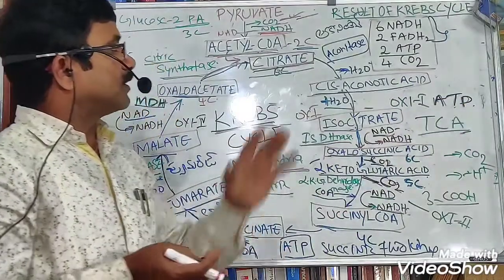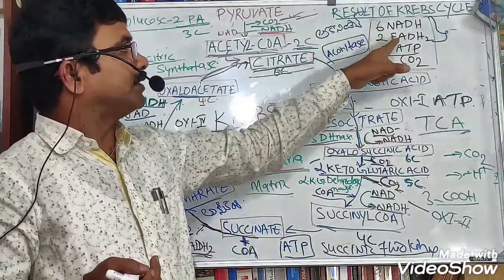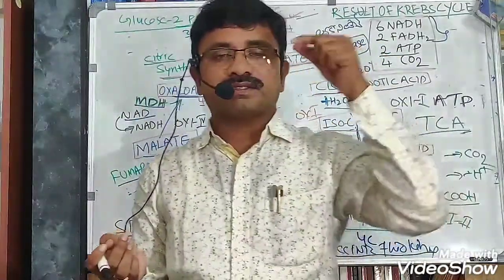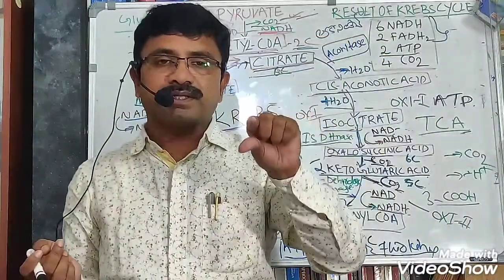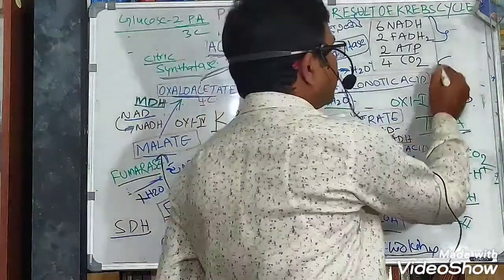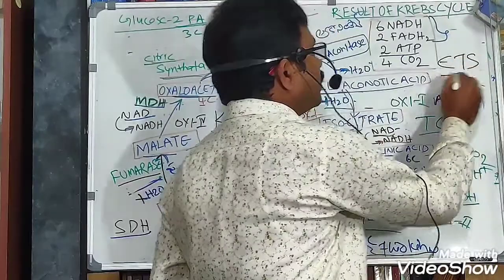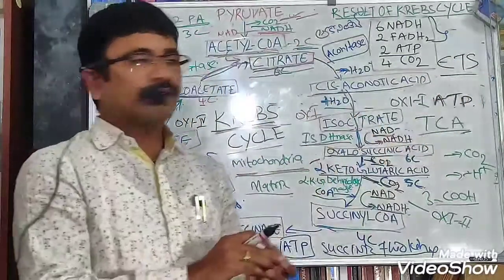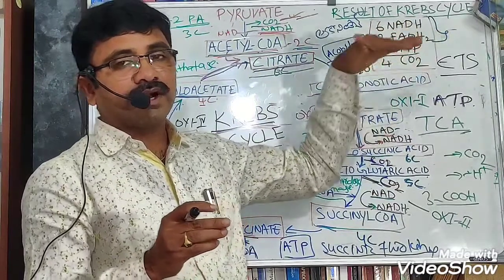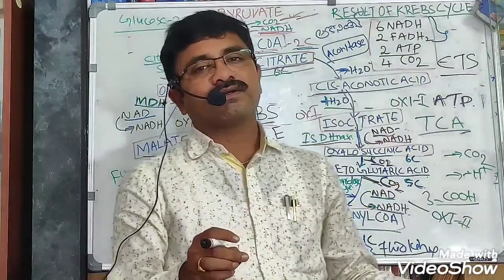So the reduced coenzymes like NADH and FADH2 enter the third and final stage of aerobic respiration, that is electron transport, where these reduced NADH and FADH2 undergo oxidation.